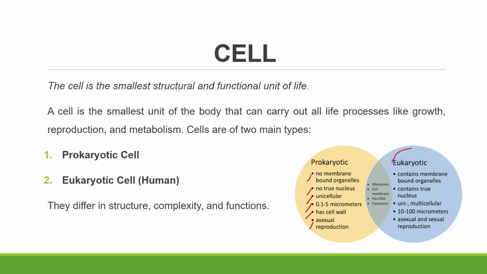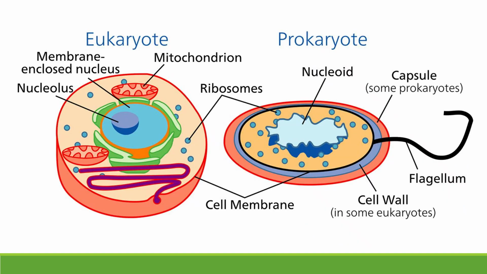In the case of eukaryotic, the eukaryotic cell contains membrane-bound organelles, contains a true nucleus, and they are either unicellular or multicellular. The size is a little bit bigger than the prokaryotic, 10 to 100 micrometer, and they have either asexual or sexual reproduction.